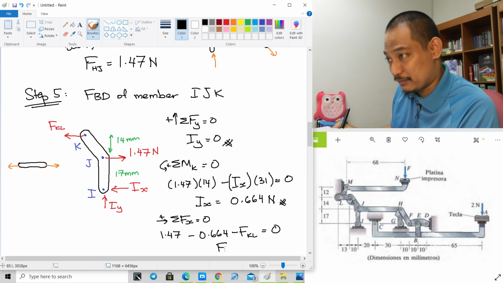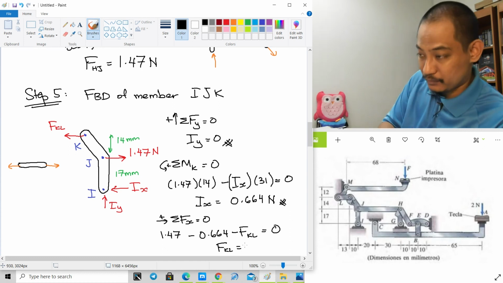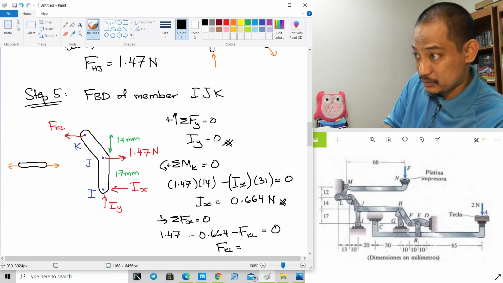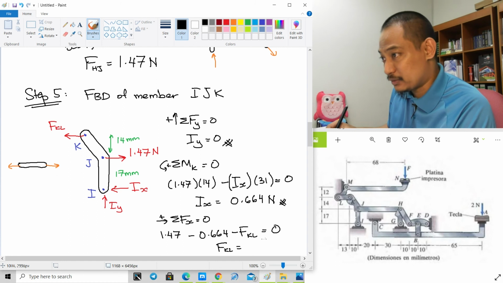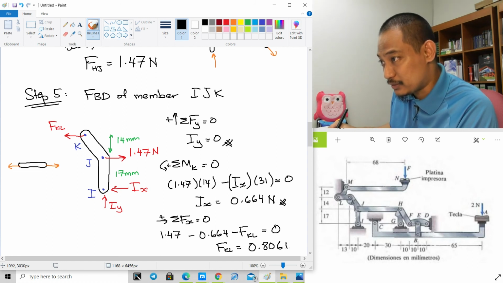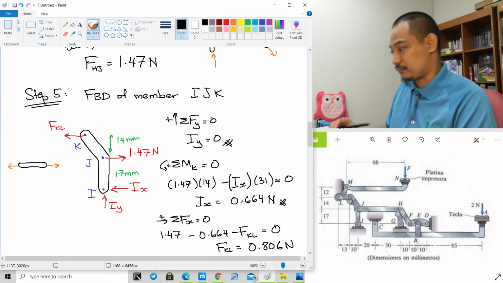So from here, FKL equal to 1.47 minus 0.664, so 0.806 Newton. FKL.